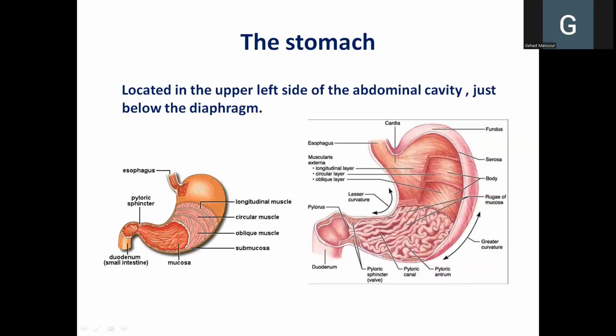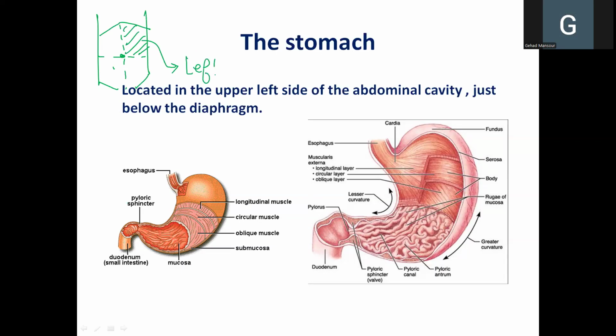The stomach, as we said before, we all know, of course, that if this is the abdominal cavity, this is the diaphragm, this is the umbilicus, and this is the groin. If we divide the abdominal cavity into 4 quadrants, then this would be the left side of the person in front of us, or the patient.